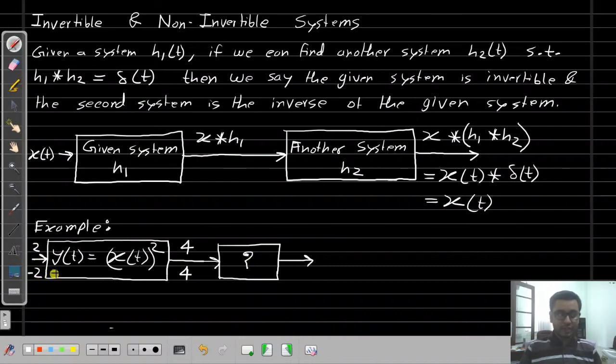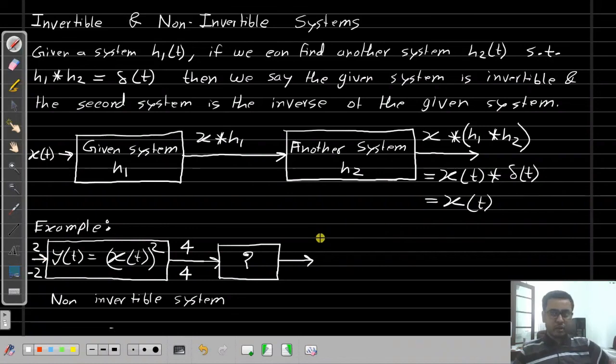It's not possible. So this is a non-invertible system. No one can find a system which will take 4 as the input and tell whether it came from +2 or -2.